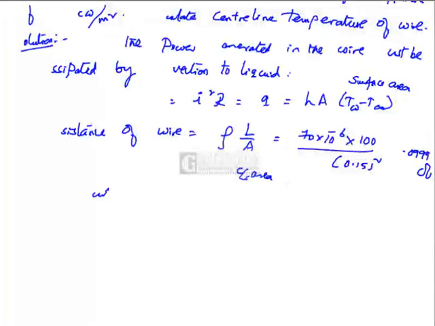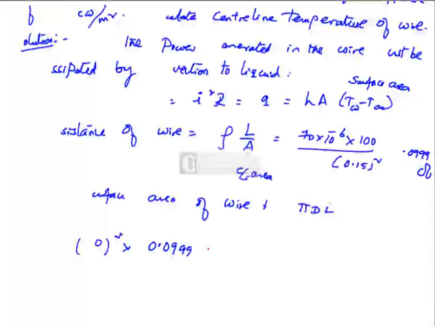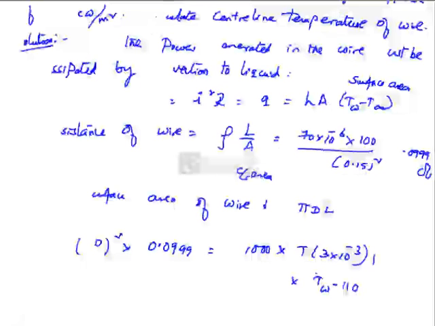Surface area of wire is equal to pi d L. So from the above equation 1, the energy balance equation for steady state, we get 200 whole square into 0.099 is equal to 4 kilowatts, that is 4000 watts per meter square Kelvin, A is pi d L, pi into 3 into 10 power minus 3 into L is 1 meter, into (TW minus 110), that is equal to 3960 watts.